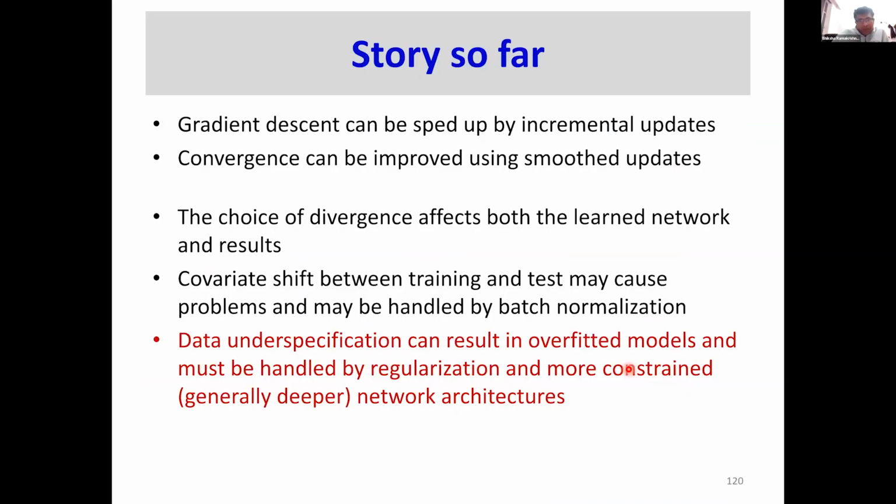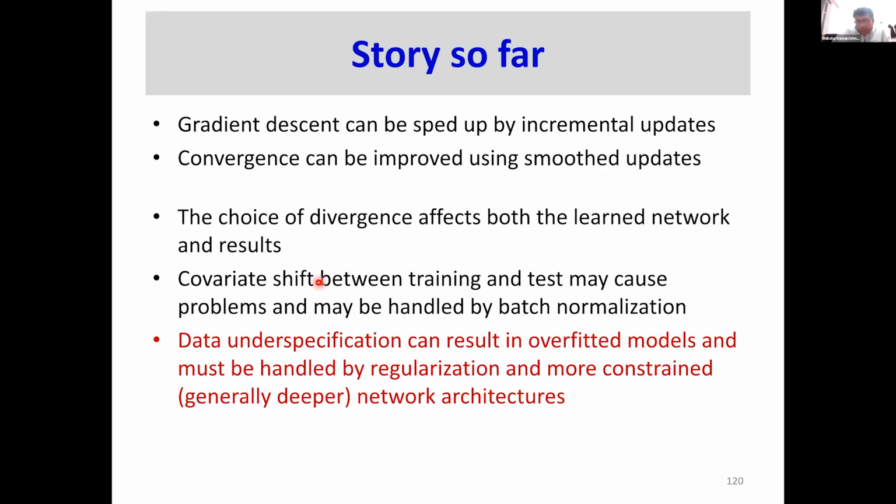So the story so far: gradient descent can be sped up by incremental updates. Convergence can be improved using smooth updates. The choice of divergence affects both the learned network and the results. The covariate shift between training and test may cause problems and can be handled by batch norm. And again, batch norm will not really work if your problem or your network is of the kind where it does not introduce covariate shift.